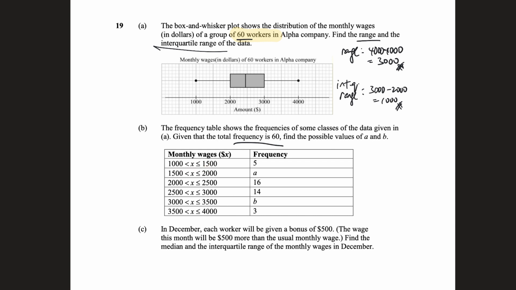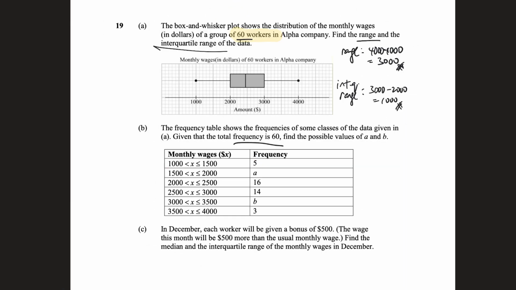And then there are A workers between 1500 and 2000. Of course, take note of these signs. 16 workers between 2000 and 2500, and so on and so forth. The upper limit is 4000, so between 3500 and 4000, there are 3 workers.